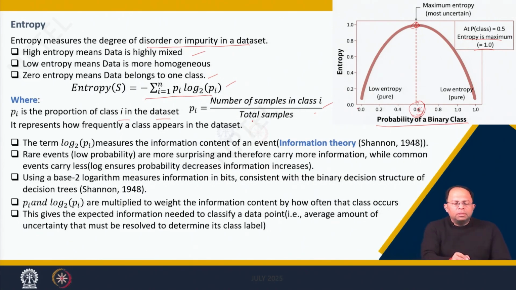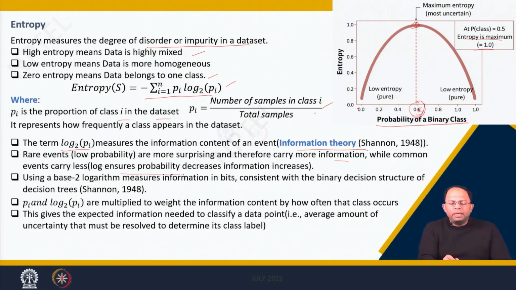Now we are taking the log of pi because it measures the information content of an event, right? This comes from information theory by Shannon, which was proposed in 1948. The information theory tells us that if I take a log of this proportion, then it tells us about the information content of a particular event or occurrence. Now rare events, meaning low probability, are more surprising and therefore carry more information, while common events carry less information.